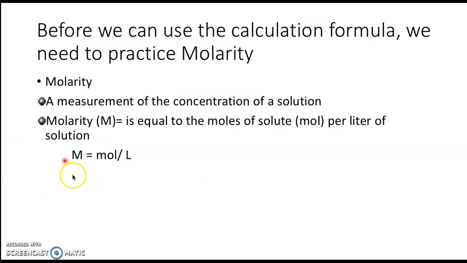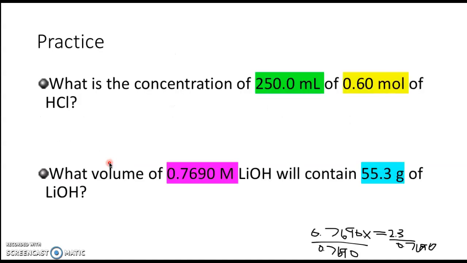This can be found on Table T of your reference table. Now, because titration has to do with molarity, aka concentration, we need to make sure that we can practice molarity. So here we go.